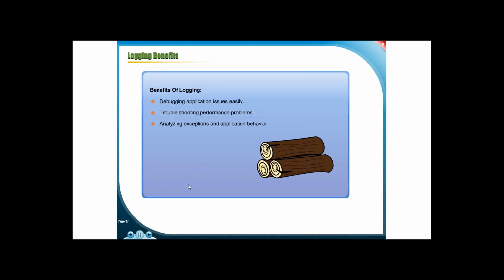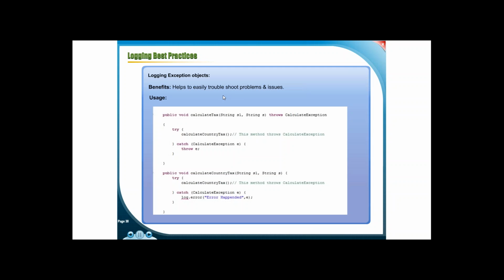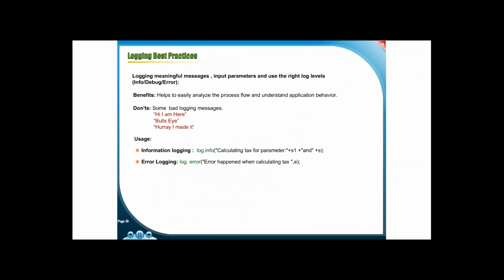Benefits of logging, of course, we have seen. Avoid multiple logging; instead, log only in one particular area. Log meaningful messages and input parameters, and use the right log levels, info or debug or error.